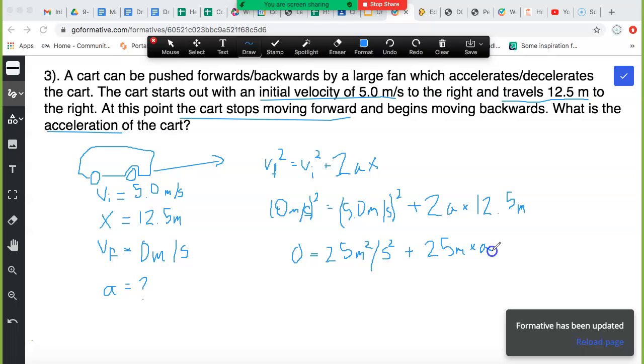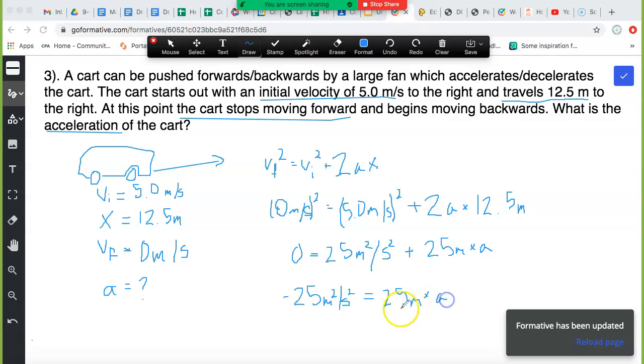Great, and we're almost there. We can subtract 25 from both sides, so we would have negative 25 meters squared per second squared equals 25 meters times a.